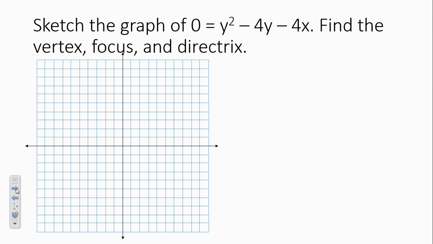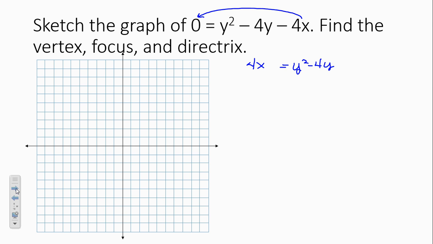Good. Get something to the other side. So these guys are already on one side. Let's take the negative 4x to the other side, so that it's away from the y's. So y squared minus 4y will be equal to a positive 4x now. Now remember back to semester 1 when we had to complete the square to find the vertex form of our parabolas?